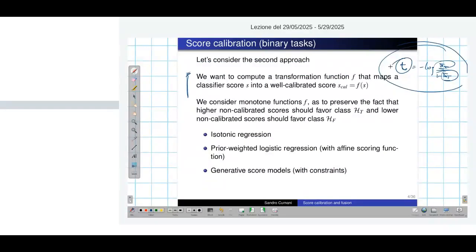So if a model works well, that is, if it's well calibrated, even if we change the application, we just need to change the threshold and the model will perform well for the new application.